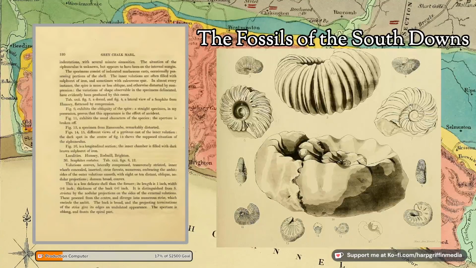In almost every instance, the spire is more or less oblique and otherwise distorted by compression. The variations of shape observable in the specimens delineated have evidently been produced by this cause.